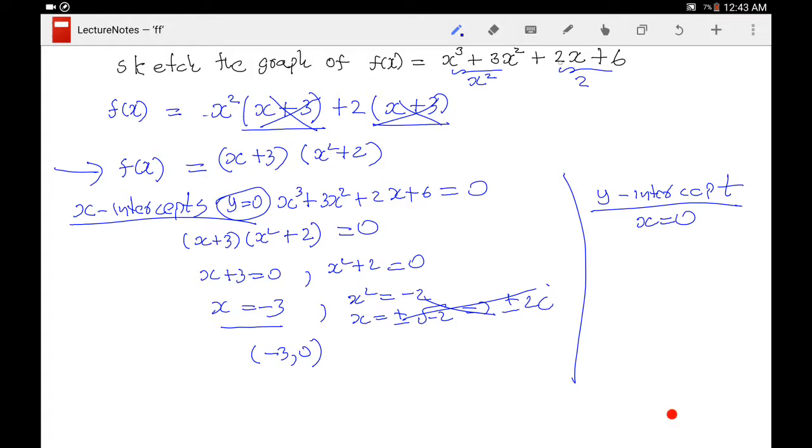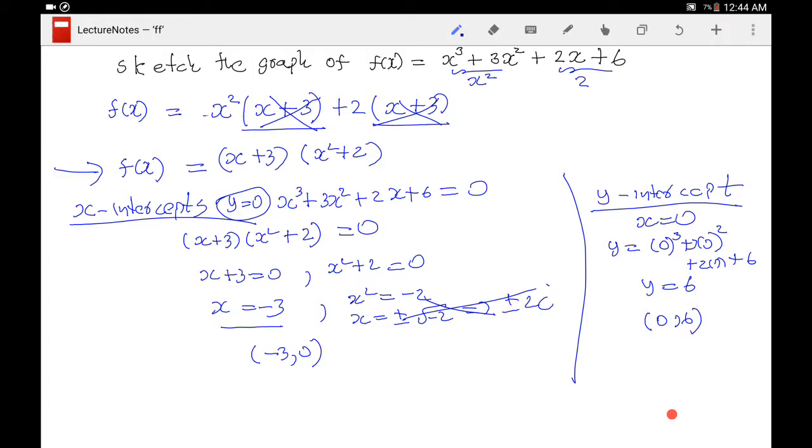If you plug in x equals 0, all these terms become 0, and the answer will be the constant value, 0 plus 6. So directly you can take the y-intercept: the y value is 6. This was given by x equals 0, so you get (0, 6).